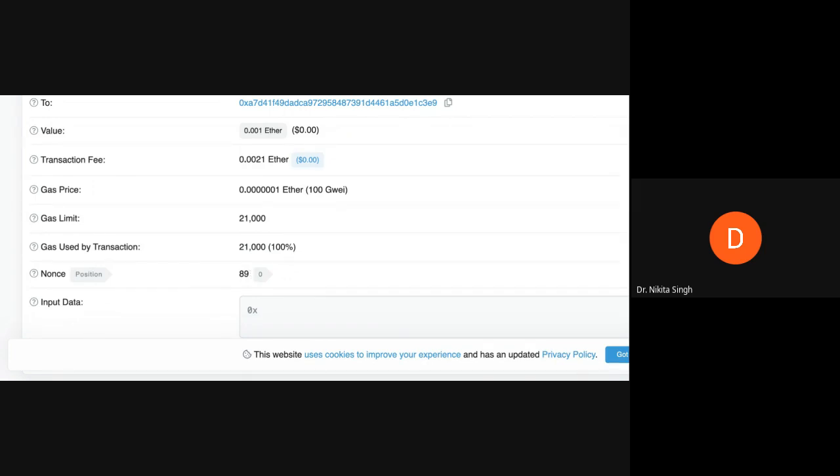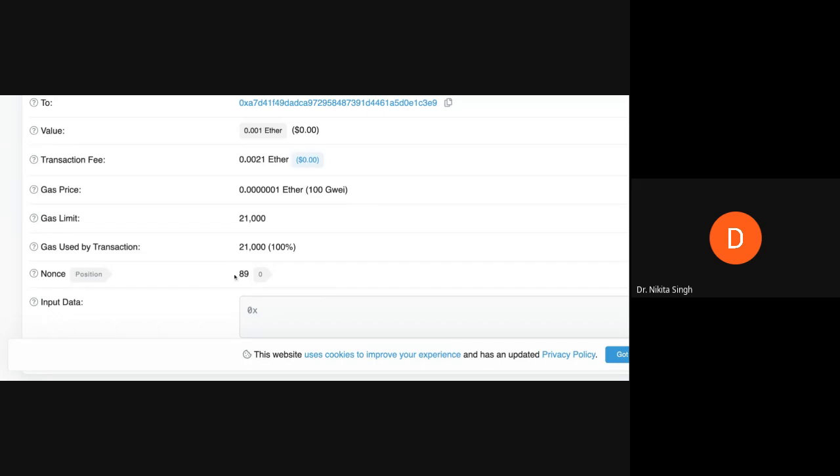What this 89 means is that you have sent 90 transactions up to this point. Why 90? Because the nonce value starts from 0, so 0 to 89 makes it 90.